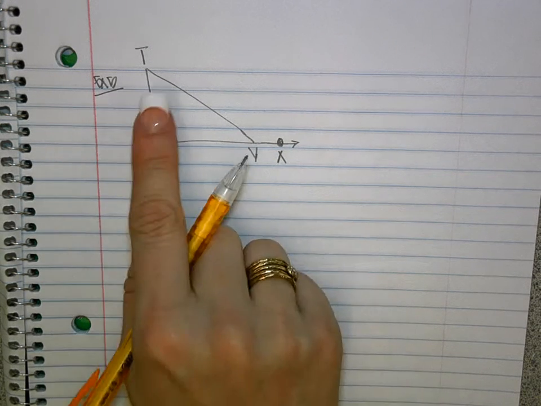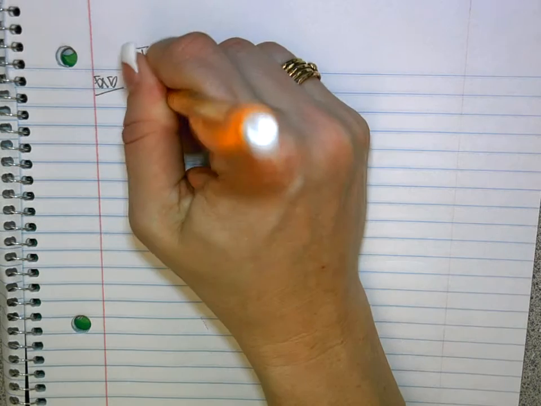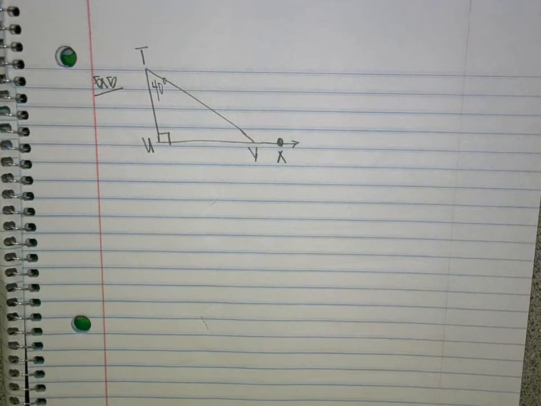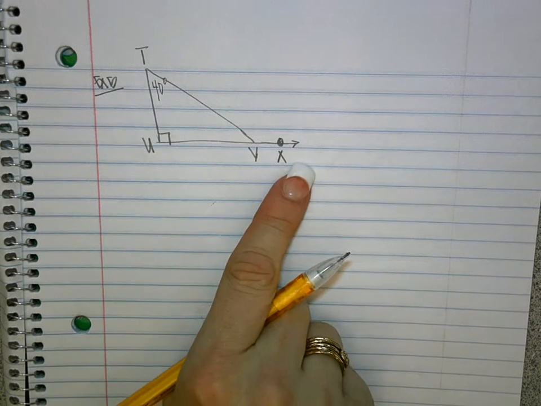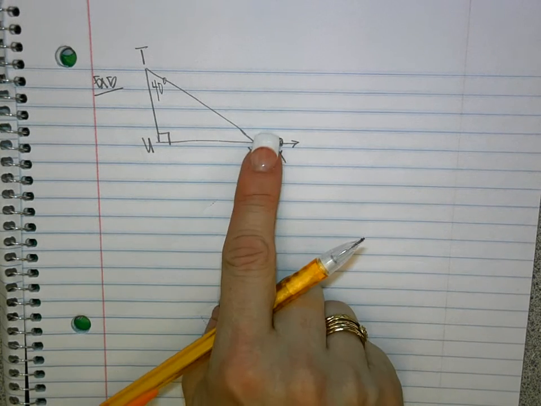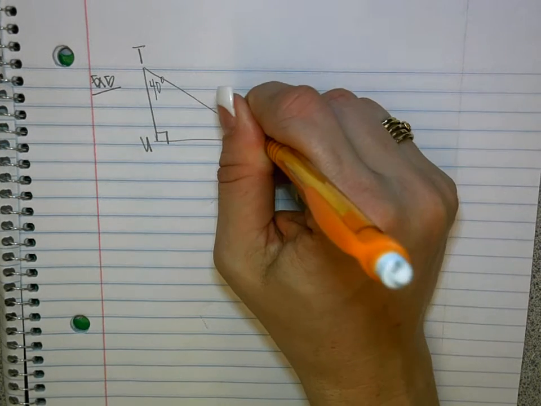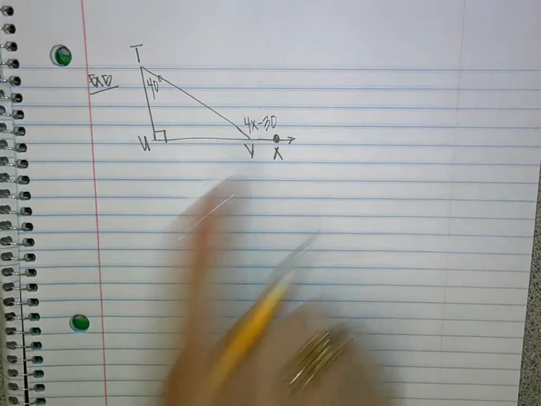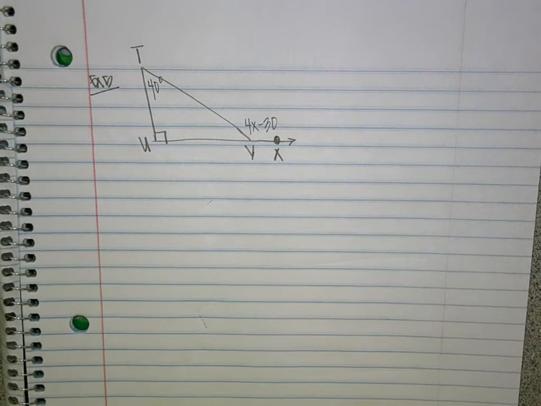Angle T is 40 degrees. And angle TVX, my exterior angle, is equal to 4x minus 30.